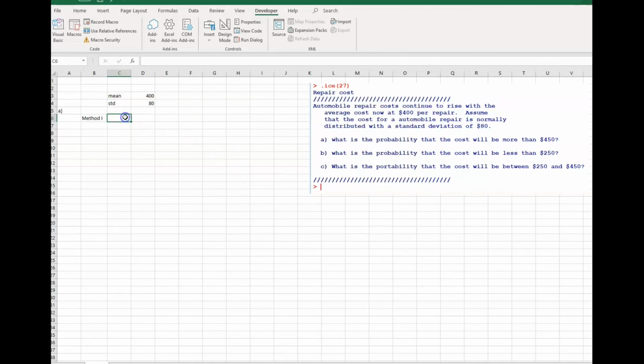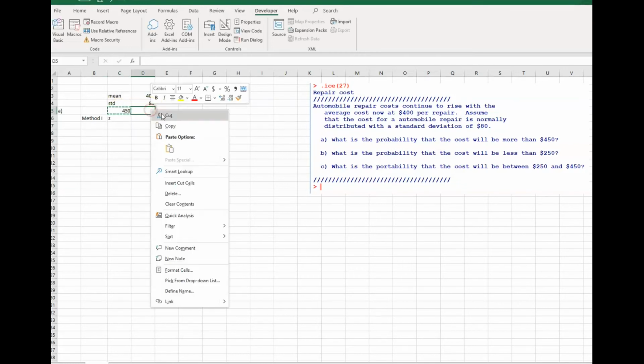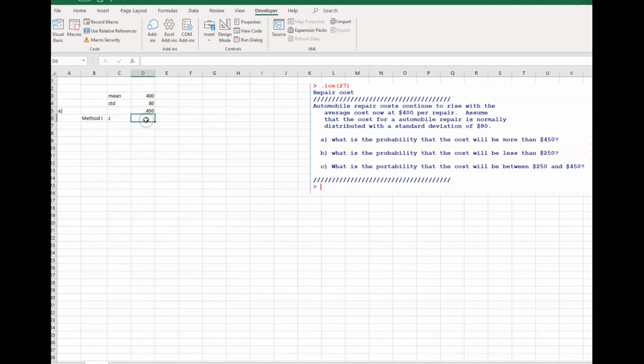First I calculate my z value: my value minus the mean, divided by the standard deviation. I forgot to enter 450, so this is 450. My z value will be 450 minus the mean 400, divided by the standard deviation 80.